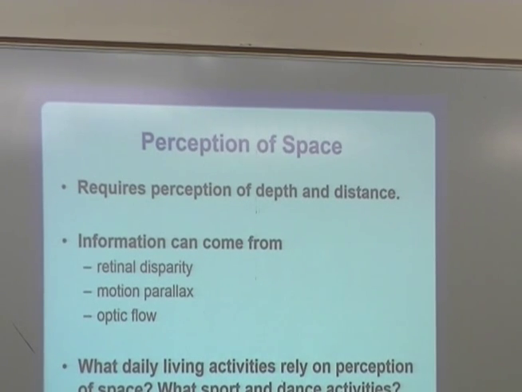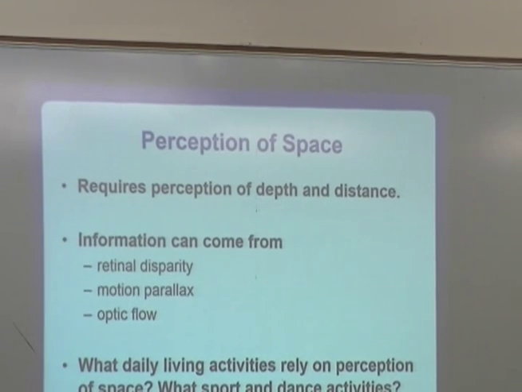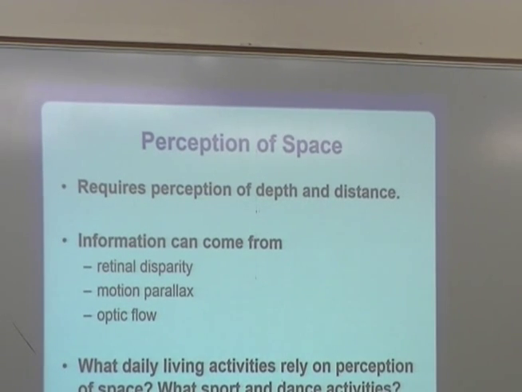The only information I get refers to the height of the thing I'm looking at and the width. So your brain has to learn to infer depth based upon the information it's getting.